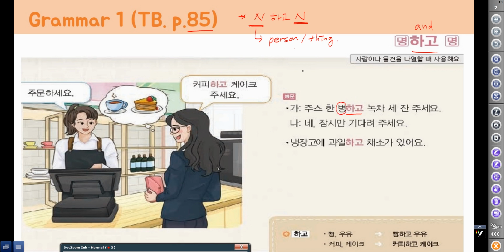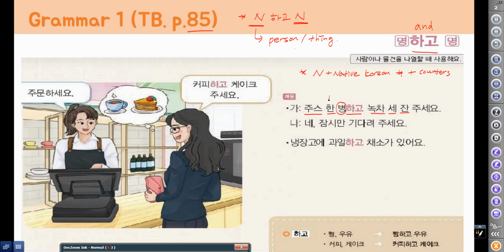In the vocabulary part, we learned how to count, right? So the noun, first, native Korean numbers, and counters. Remember? So here, 주스 한 병하고 녹차 3잔 주세요.